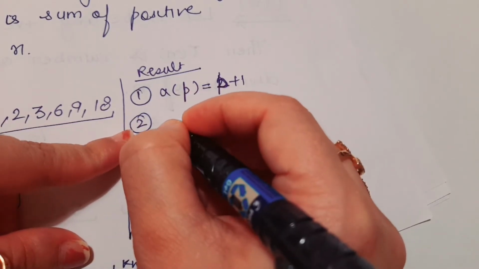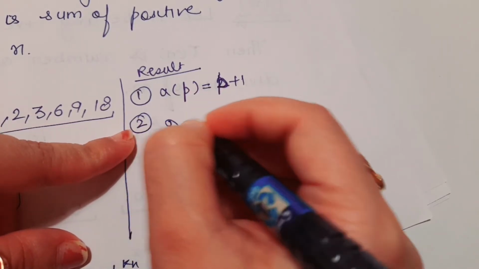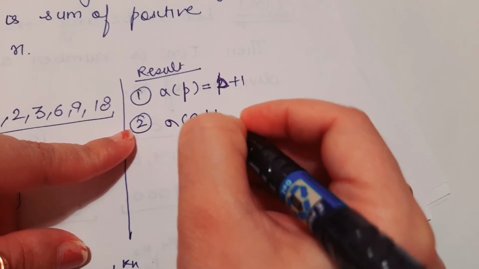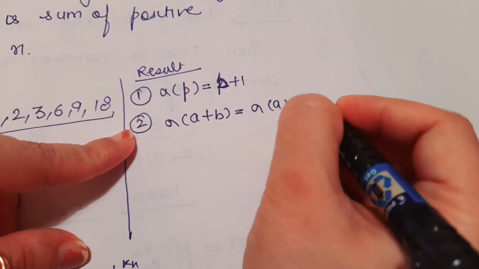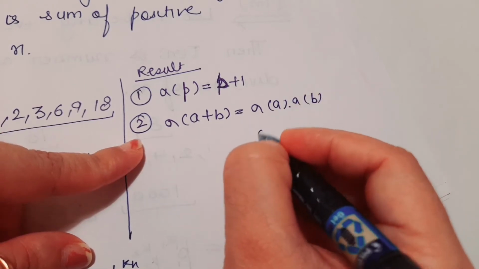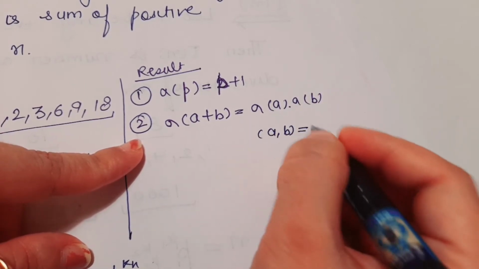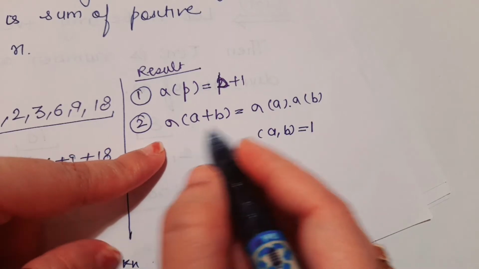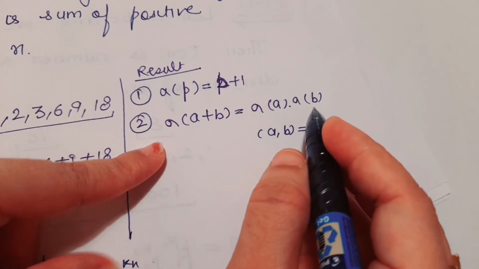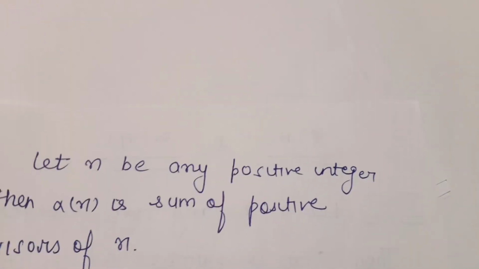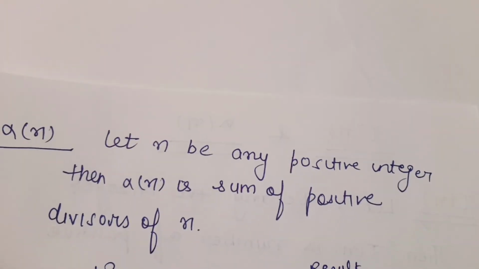Second, sigma of a into b is equal to sigma a into sigma b, where GCD of a and b is 1. So if you have a big number, you can split it into two numbers and write it like this.